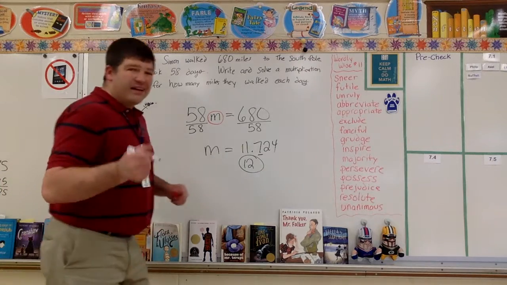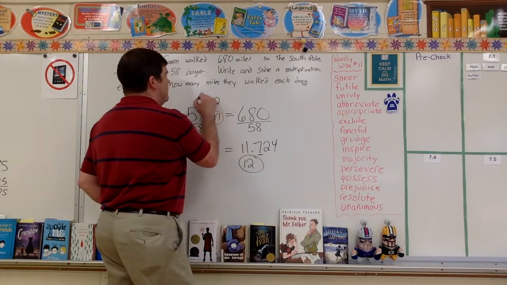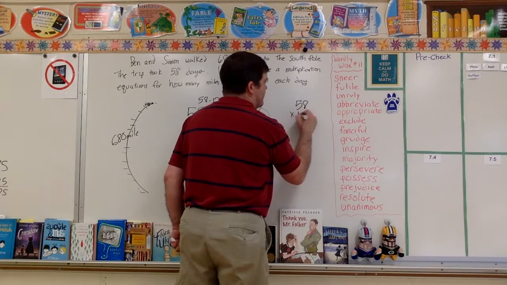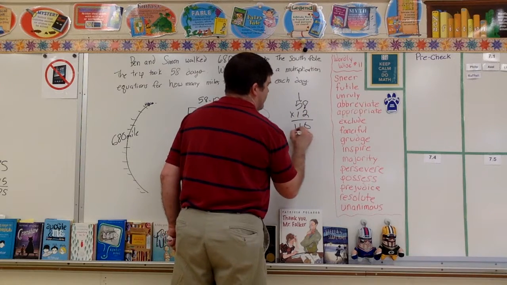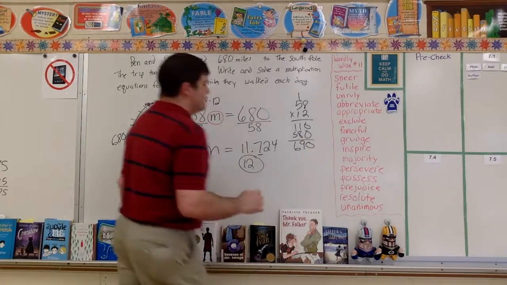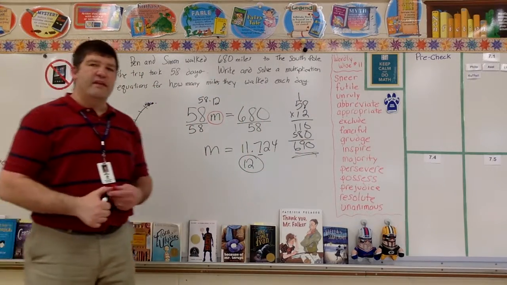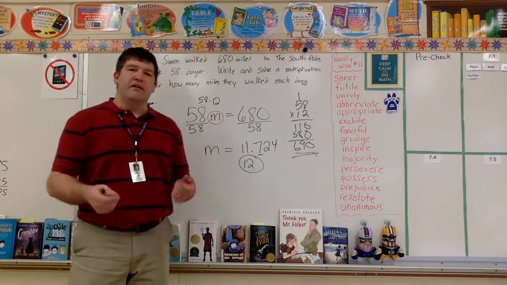The way I can check this to make sure it's pretty accurate is 58 times 12, let's see what that is. It's 696, which is pretty close to 680. It's not exact because it had a decimal, I just rounded it up.